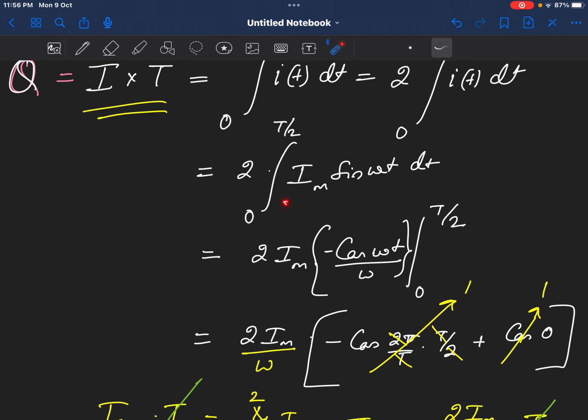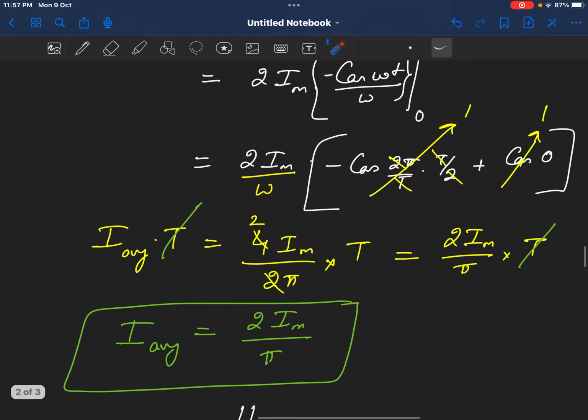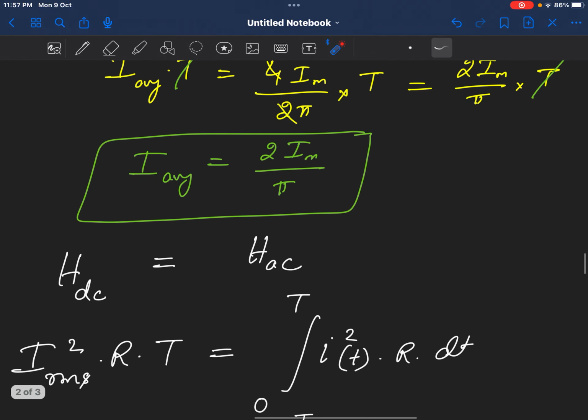Here we evaluate Im sine omega t with integration of sine omega t, and when we get 2 Im by omega, we substitute omega as 2 pi by T, and finally we get the average current.